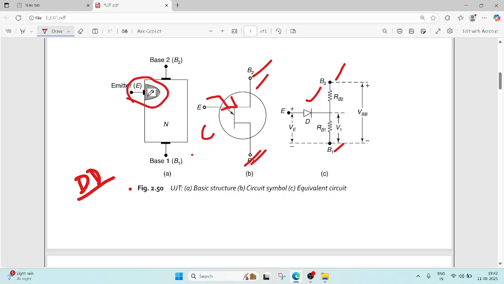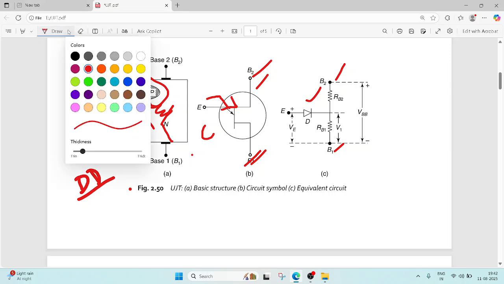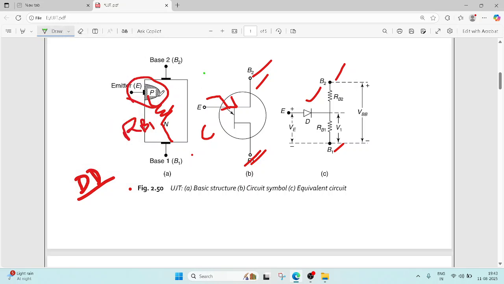Then here one resistor is present between the emitter and the base 1. So this is called the resistor in base 1, RB1. Then here another resistor is present between this and the base 2.